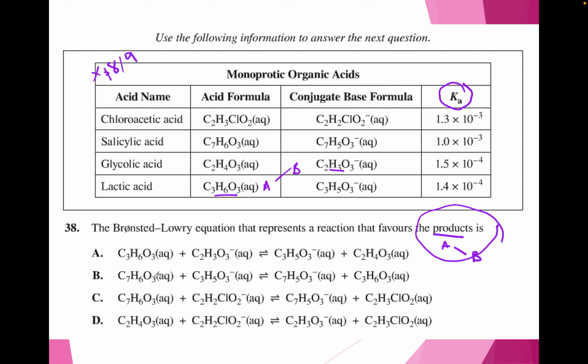So let's keep going. So we have C7H6O3, and then the other one you have C3H5O3. So that's down here. Your acid is higher than your base. So it looks like the answer is B. You might want to just double check the other ones with a quick scan. Just going to double check that last one on the bottom.